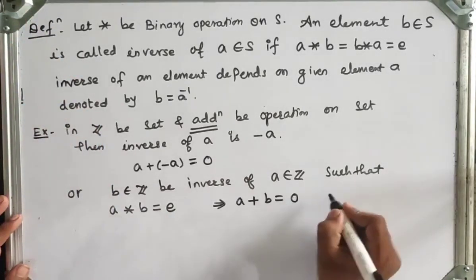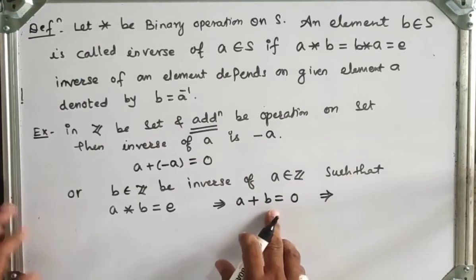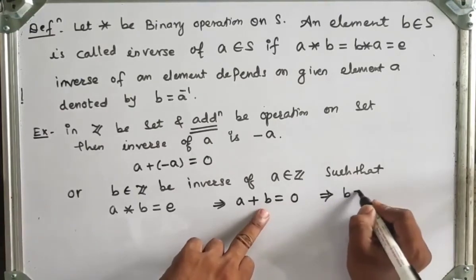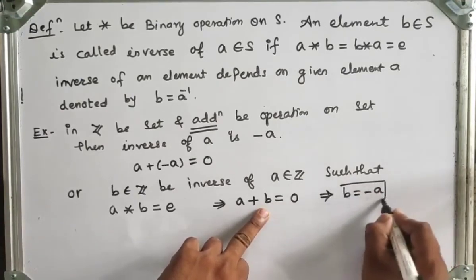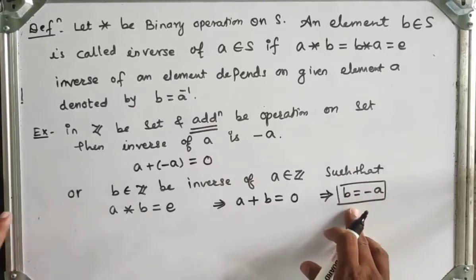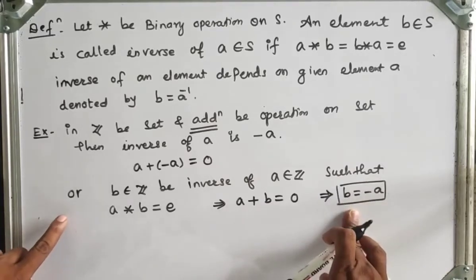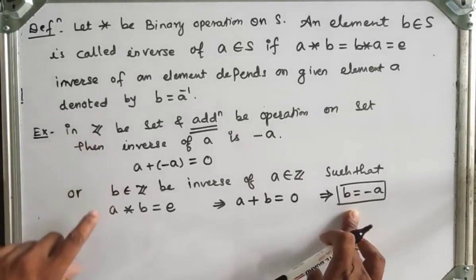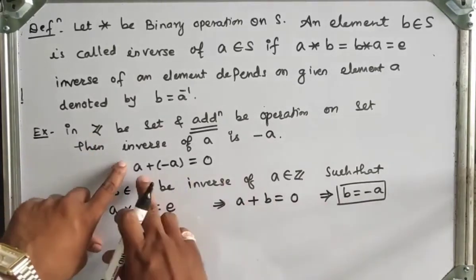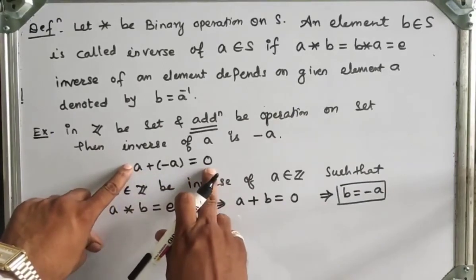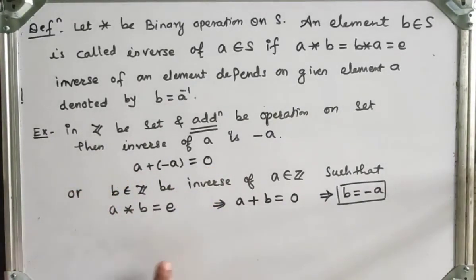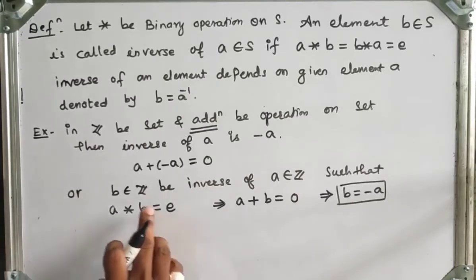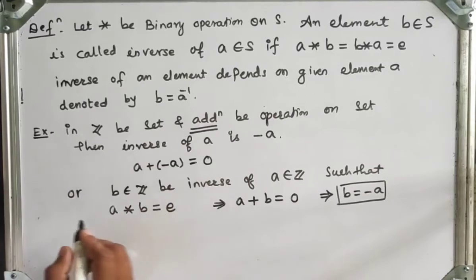Now after solving we will get B is equal to minus A. So B is equal to minus A is an inverse element of A in the set of integers, because if we take addition, A plus minus A is equal to 0. In this way we have to find the inverse of any element in any set. Now next example.